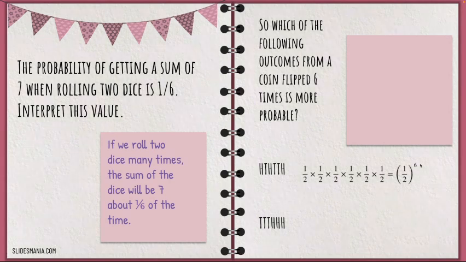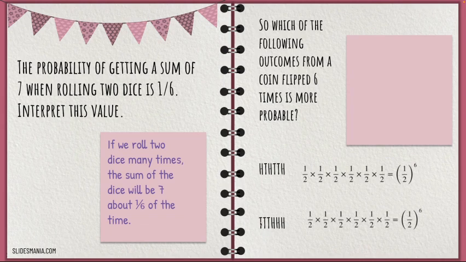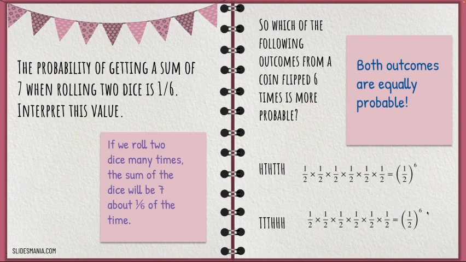That ends up being 1/2 raised to the 6th power. And the same thing happens here, because the probability of getting tails is half, tails is half, and you get the idea, right? So half times itself 6 times. They are the exact same probability, equally probable, because each of these outcomes is independent. Just because I get heads right now doesn't mean I'm going to get tails next. They're independent of each other, which we'll talk about in a later section.